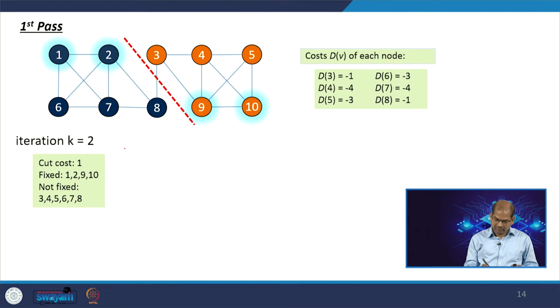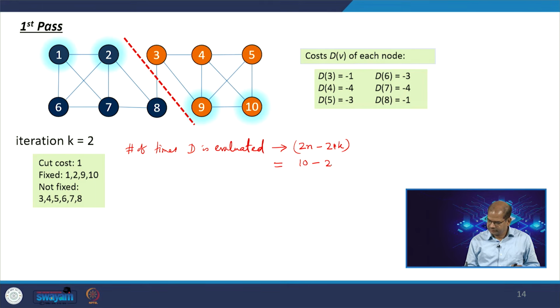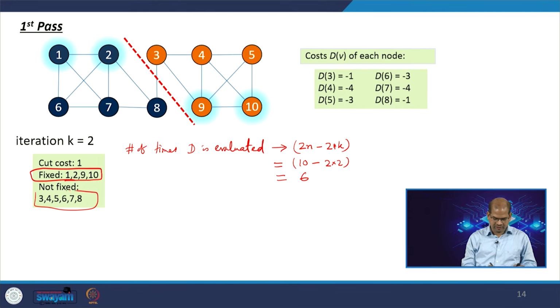The number of times D is evaluated in this iteration is 2n minus 2 into k, so 10 minus 2 into 2, which is 6. For the 4 fixed nodes you do not need to calculate D, but for the remaining 6 nodes you need to calculate D.